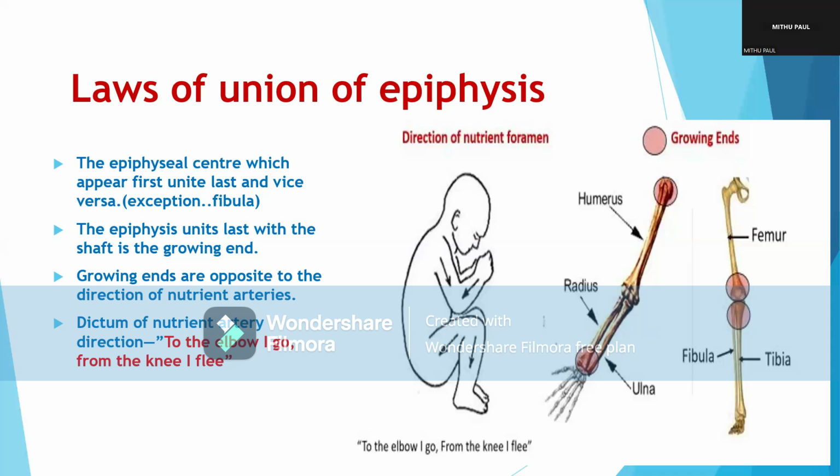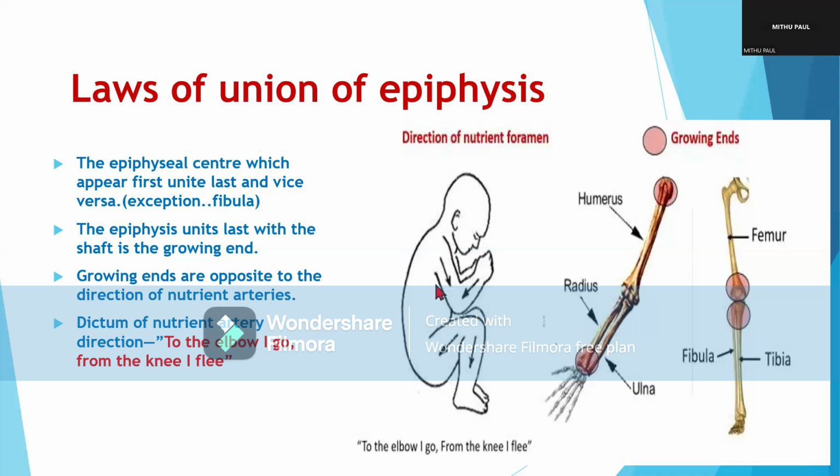Okay, and there is a dictum for this. The dictum is: to the elbow I go, from the knee I flee. That is, the nutrient arteries in the superior extremity are directed towards the elbow. And the nutrient arteries entering the bones in the inferior extremity are directed away from the knee, towards the hip and towards the ankle.